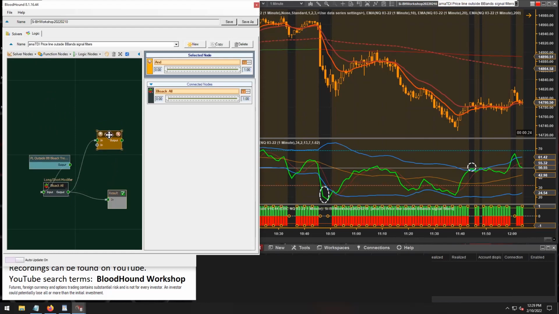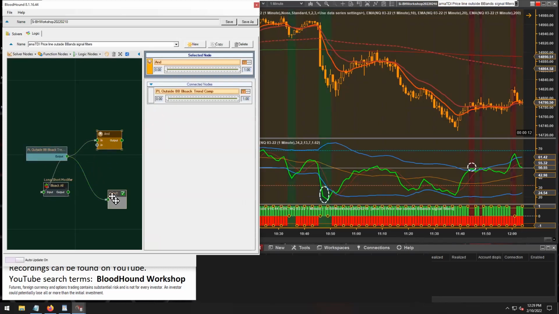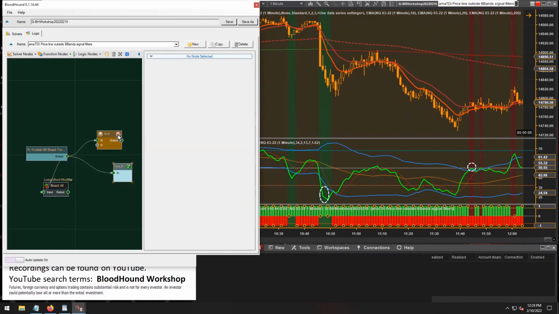So that's the final step: pick which of these outputs you want and connect it to the AND node. All right, so I think that's what Vito was looking for.